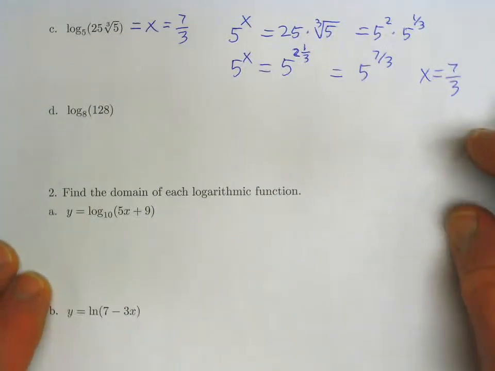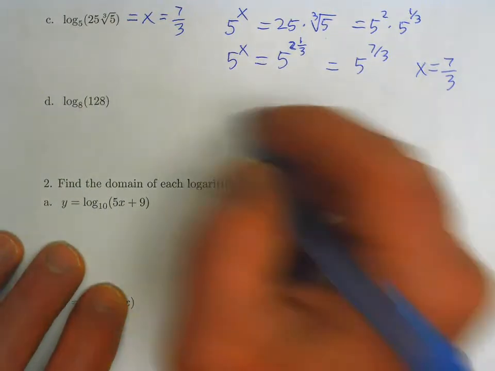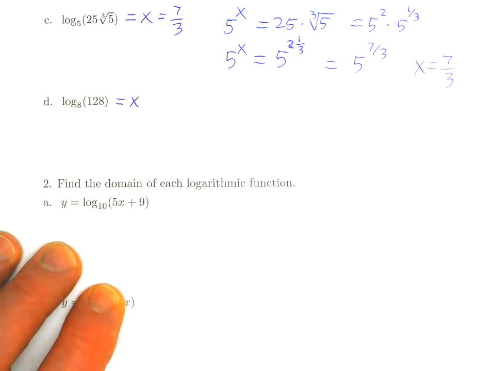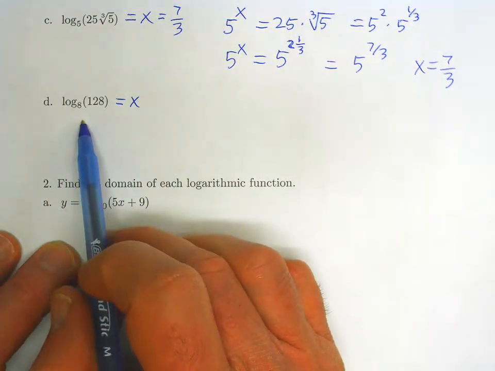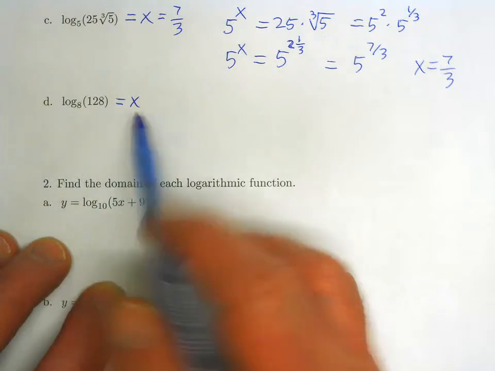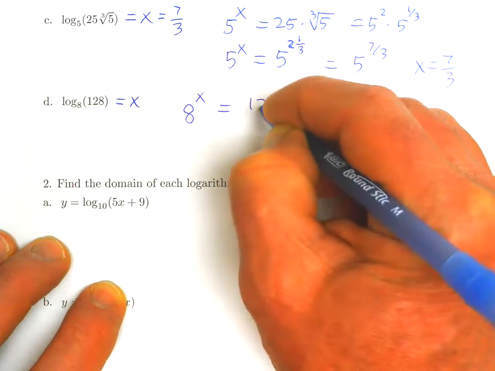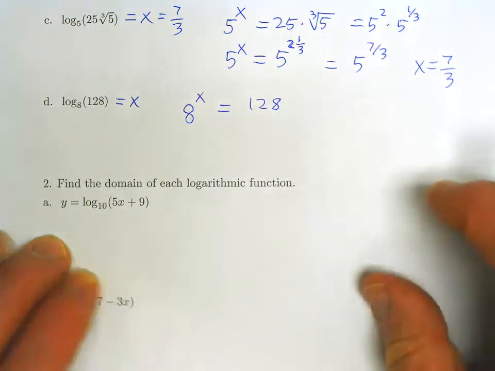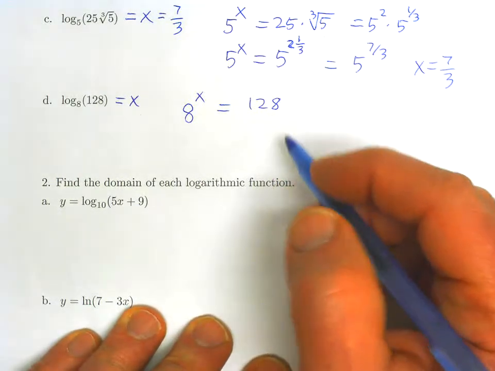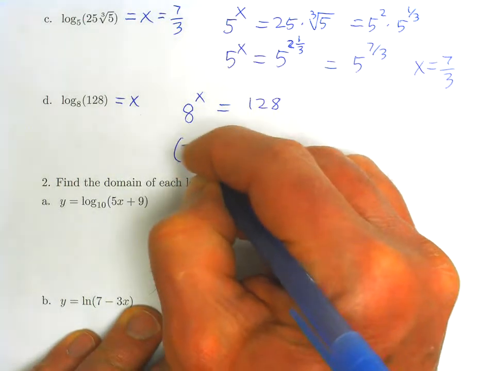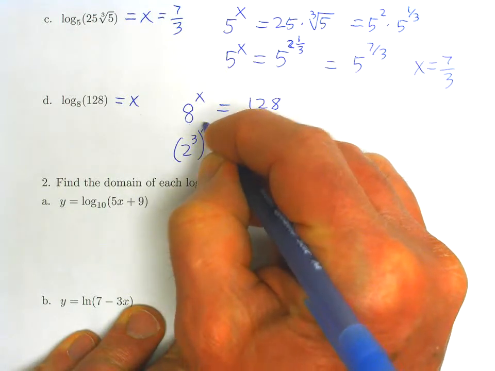Okay, the next one, log base 8 of 128. Let's say that that's equal to x. So convert the logarithmic equation into an exponential equation. 8 raised to the exponent x equals 128. Both 8 and 128 are powers of 2. 8 is 2 to the 3rd, so 8 to the x is 2 to the 3rd to the x.